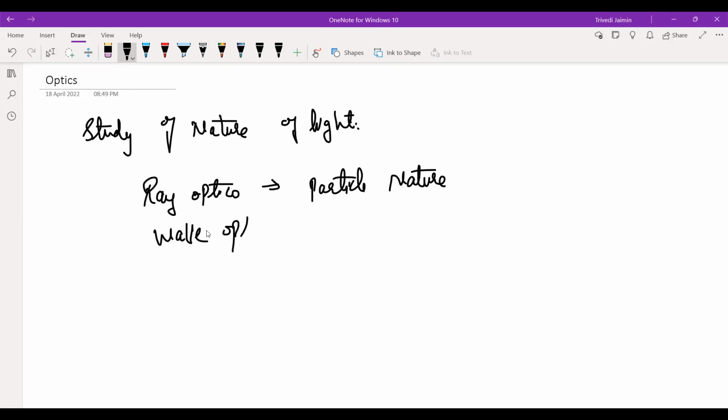Wave optics considers light as a wave nature.